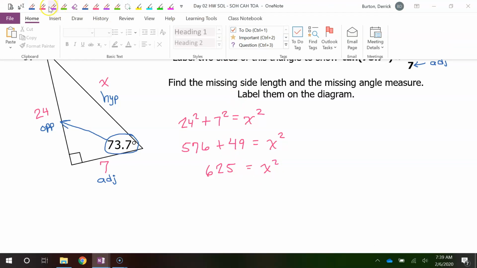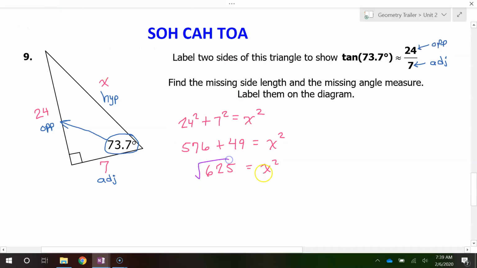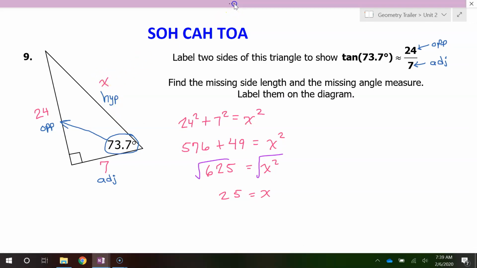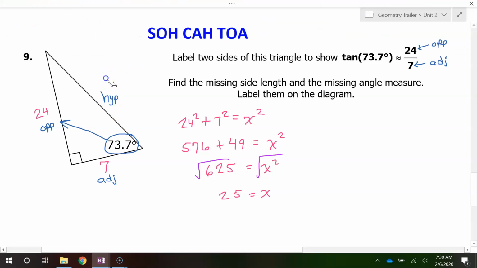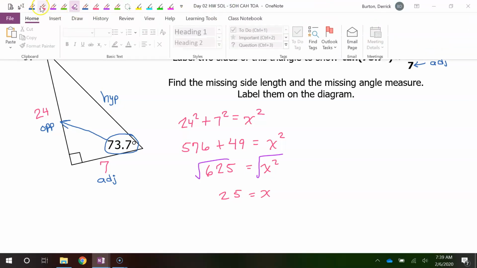So then it's time to do the square root of both sides, and I believe that this is 25. Okay, so the hypotenuse is 25, so I can go ahead and fill that in.